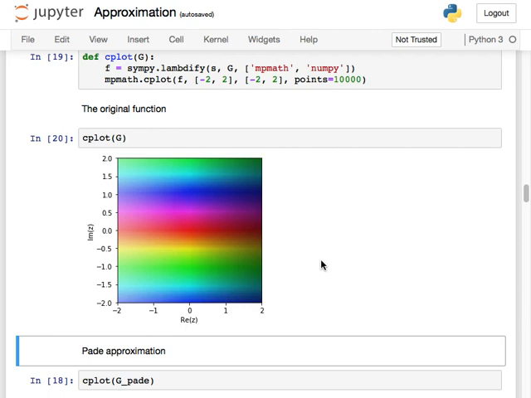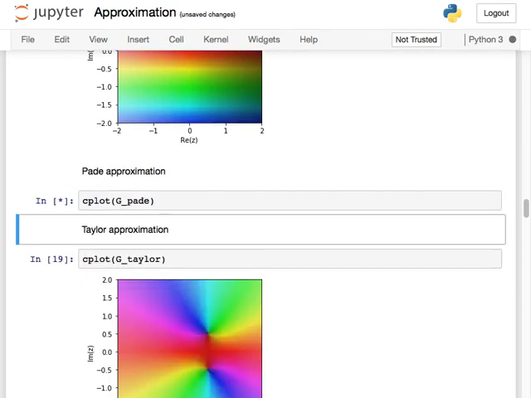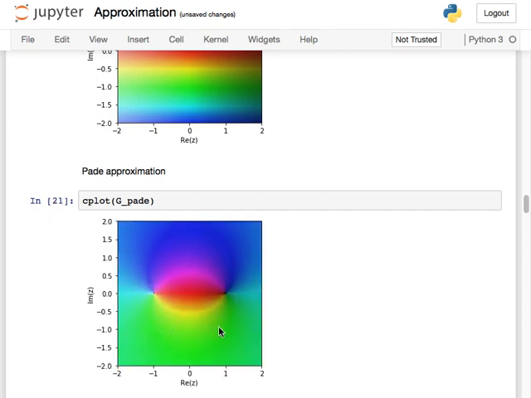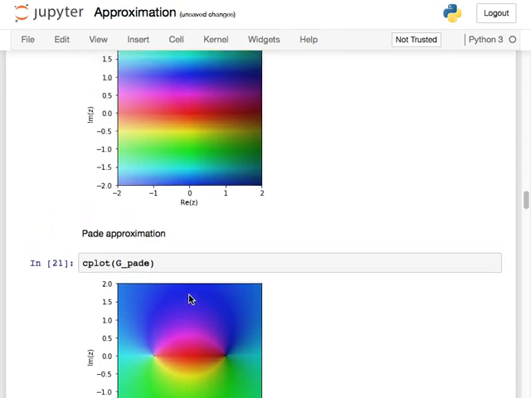And we can actually see that the Padé approximation, if you look at the region of approximation, the phase behavior. Now, what I mean by the phase behavior is, look at the colors, right? 0 is over there. And so you can see that around 0, we see quite a similar behavior.